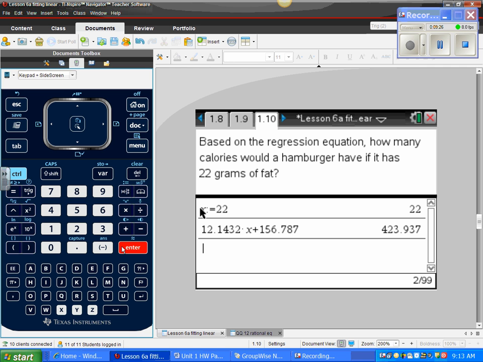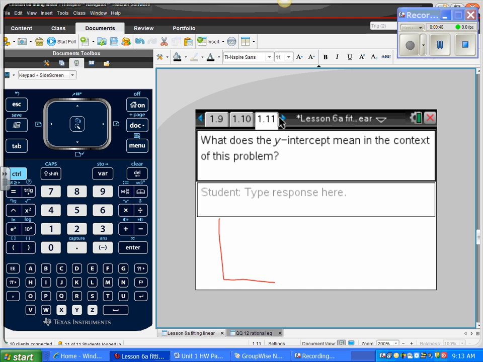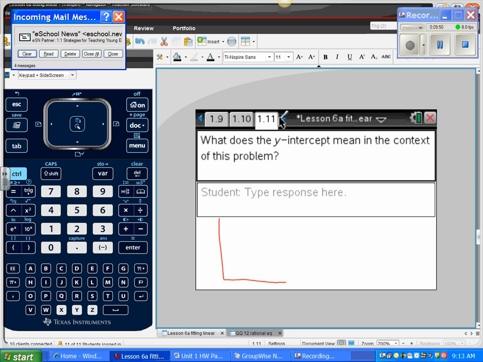Questions, concerns, problems? Good? All right, y'all have this bored look on your faces because you already know how to do this. It makes me a little happy, to be honest. Ready? Okay, so what does the y-intercept mean in the context of the problem? Maybe the graph looks something like this.